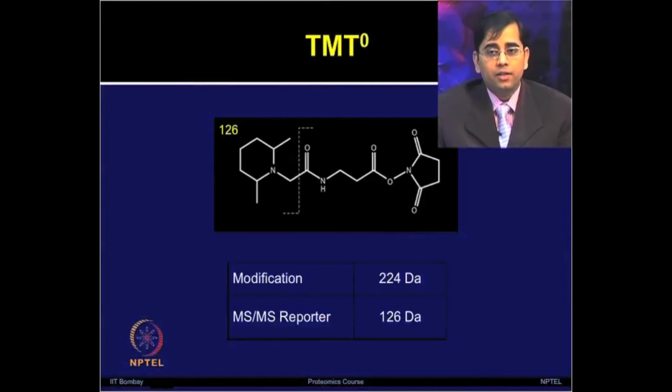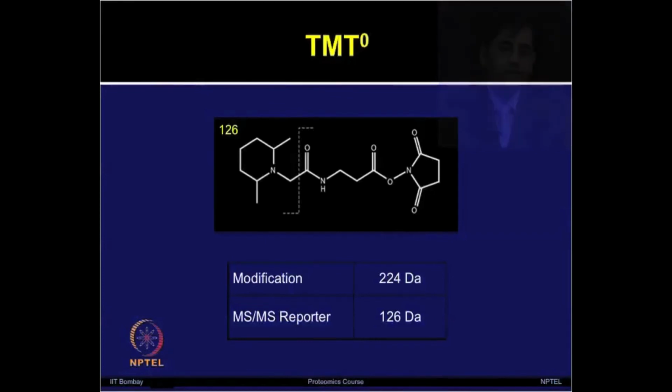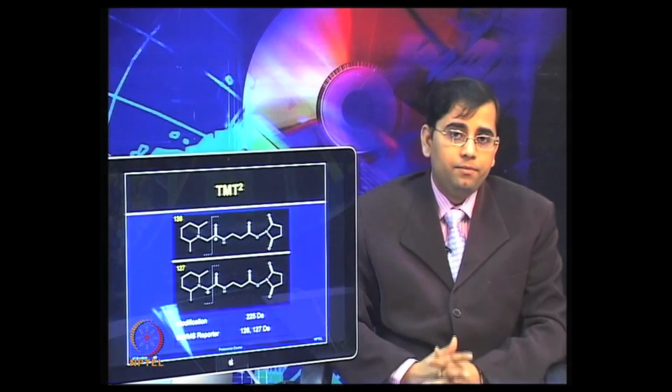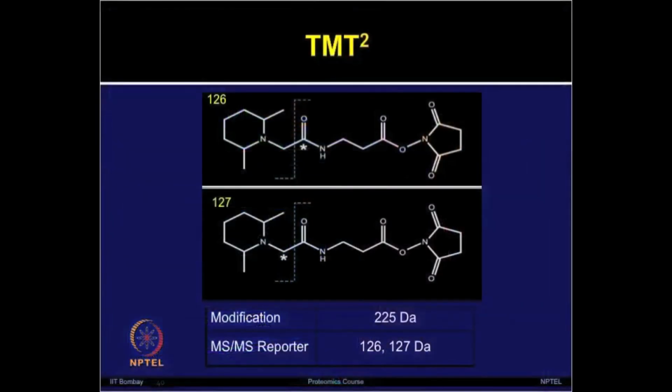The modification is 224 Daltons and the MS reporter ion is 126 Daltons. Now, let us look at TMT duplex. The TMT duplex reagent allows for the comparison of two samples, 126 and 127. These are two different MS reporter ions available, and the modification is 225 Daltons.